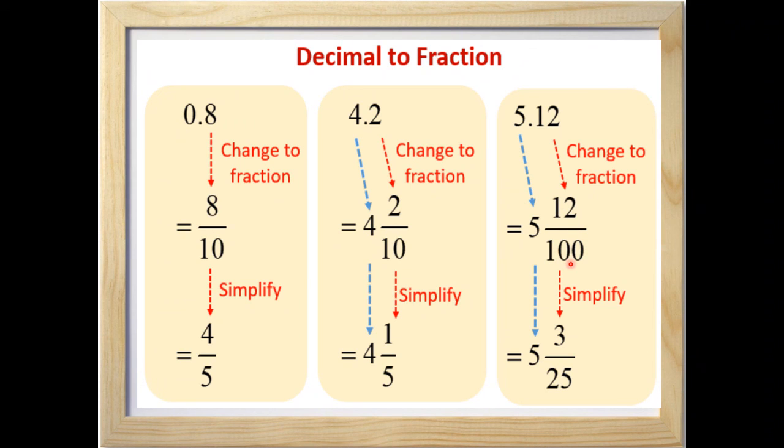Now 12 and 100 have 4 as the common factor. So 12 divided by 4 is equal to 3, and 100 divided by 4 is equal to 25. So 5.12 is converted into a mixed fraction 5 3 by 25. Understood, children? Is it not easy?